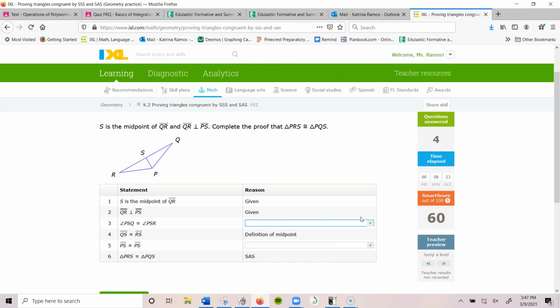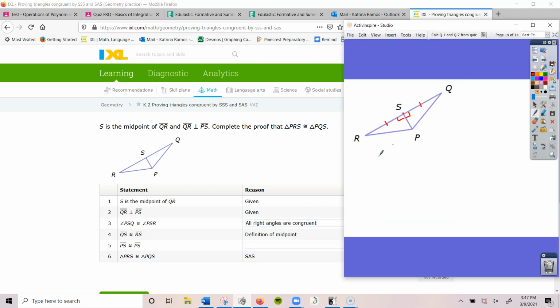Now let's see why. We know that they're congruent because they're both 90 degrees because they were perpendicular. So they're both right angles. That must mean that all right angles are congruent would be the reason. QS is congruent to RS, which I already made congruent, and that's because of the definition of midpoint.